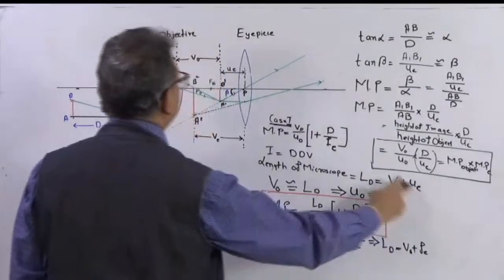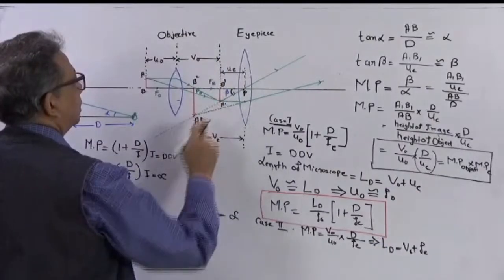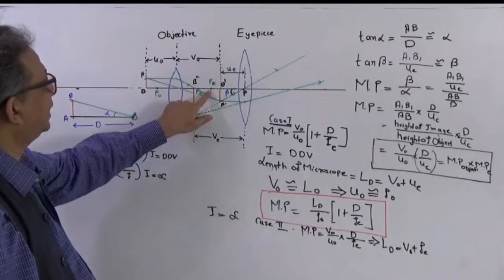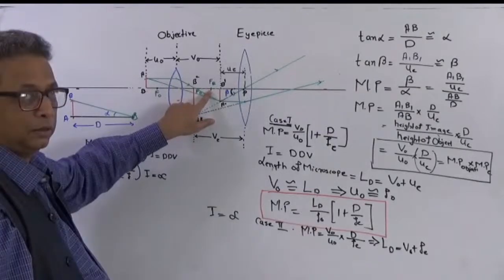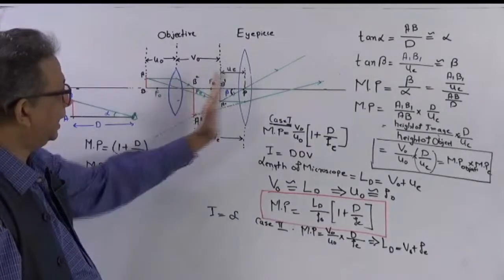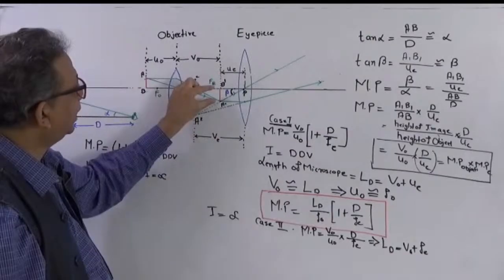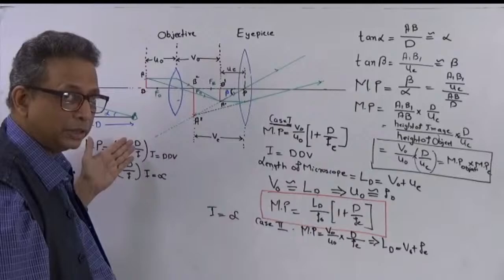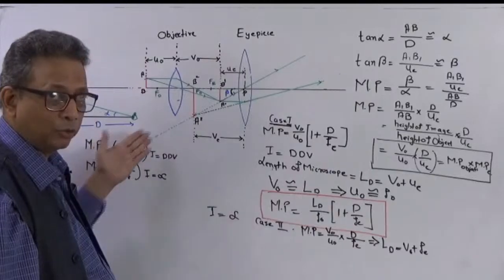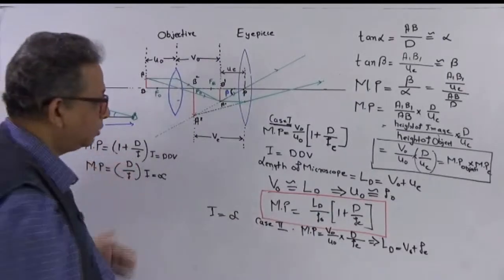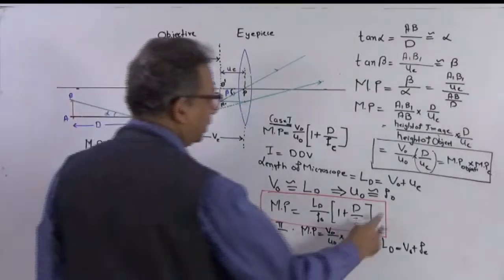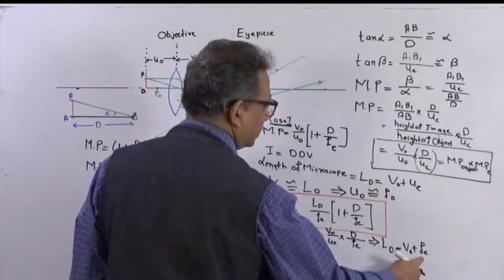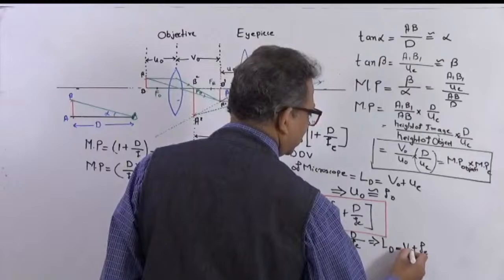So the image will be exactly taken on the focal length. The lens will be so adjusted that A1B1 will be on the focal length. That is the reason: when the object is on the focal length, the image will be at infinity. So when the image is at infinity, UE will be at the focal length. So LD will be V0 plus Fe.